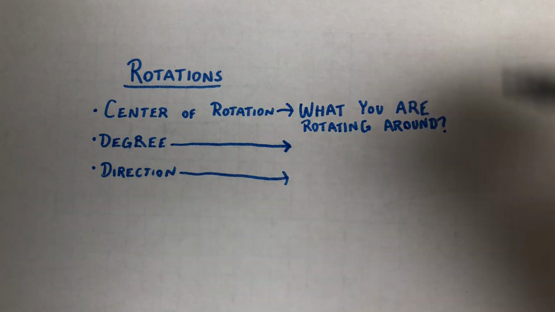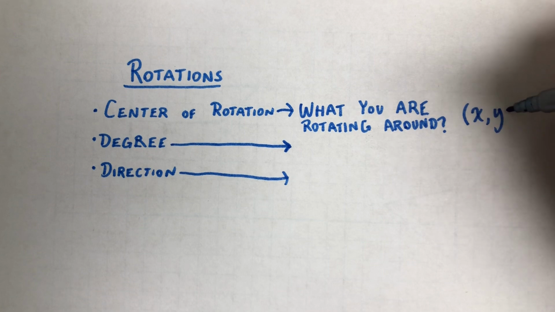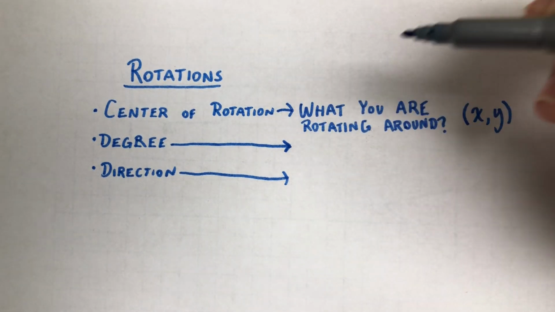All right, and this is always going to be some place on the xy coordinate plane. So I will say, rotate this around the point 3, 2. And you'll just have to put a point at 3, 2 and move your whole shape around that.